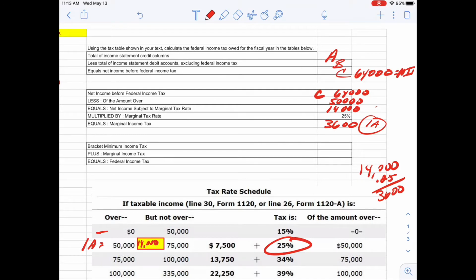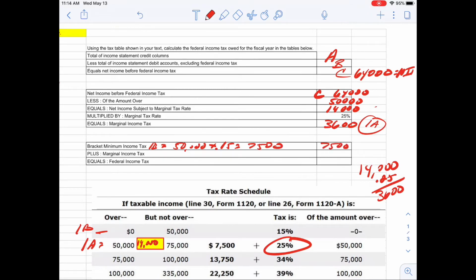So my bracket minimum tax of 1B equals 50,000 times, I'm sorry, not 7.5, times 0.15 rather, which will give me $7,500.